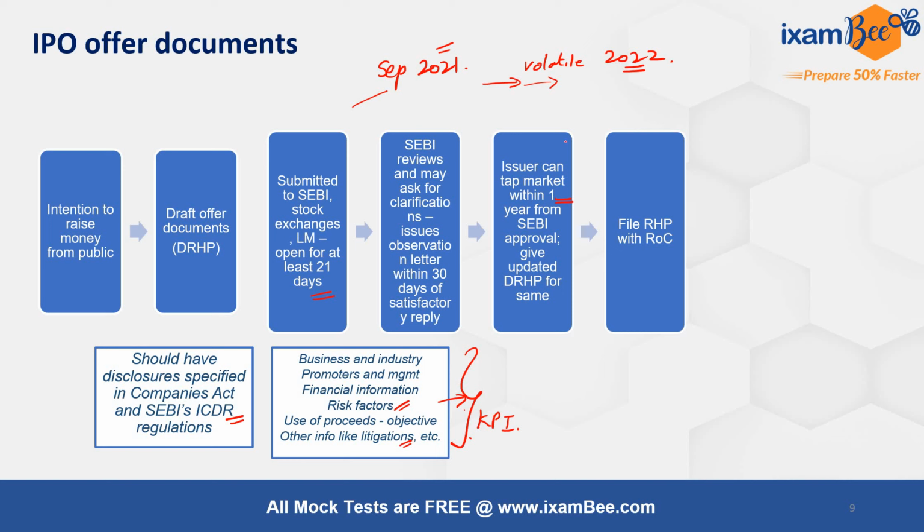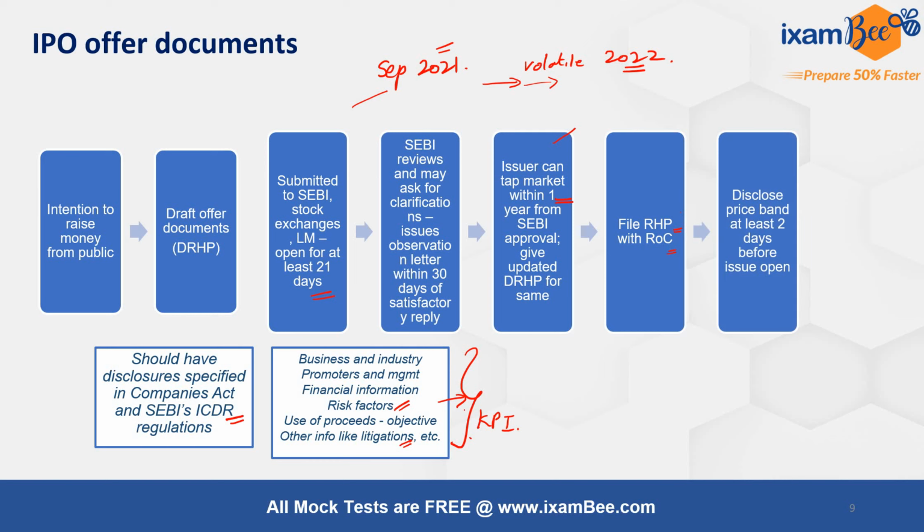In general, if the approval takes place and the company decides to come out with an IPO, they have to file the RHP, that is the red herring prospectus, with the registrar of companies. And after this, they can come out with an IPO. They have to disclose the price band that has to be used in the IPO at least 2 days before the issue opens for subscription.